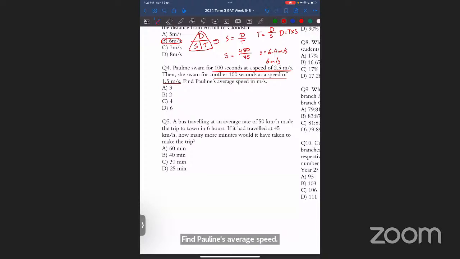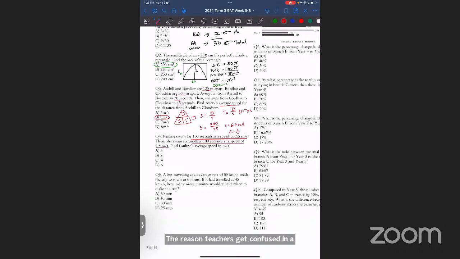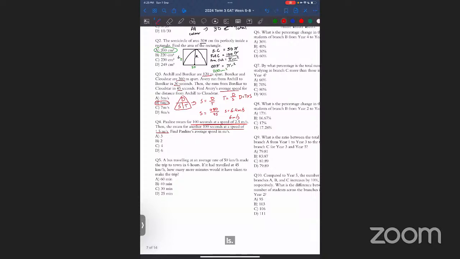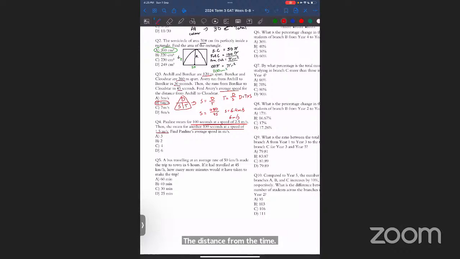For this question, I wouldn't say kids get confused, I would say teachers get confused. They assume you have to find how far she traveled in the first part, then how far in the second part, and then divide the distance by the time. But in reality, it's fairly simple.